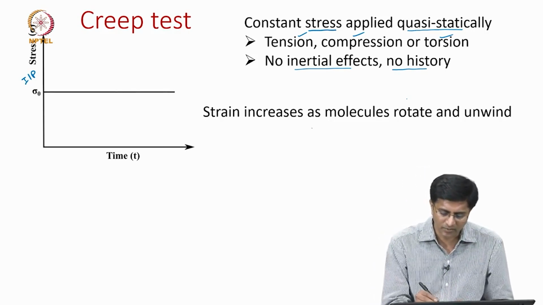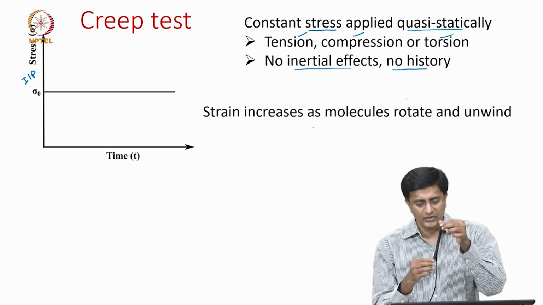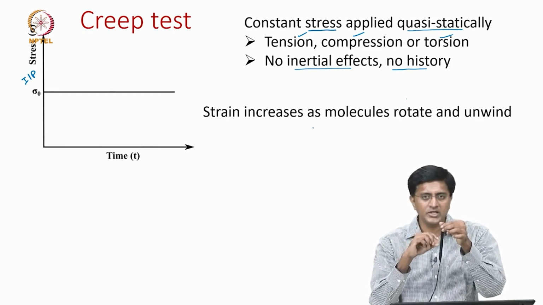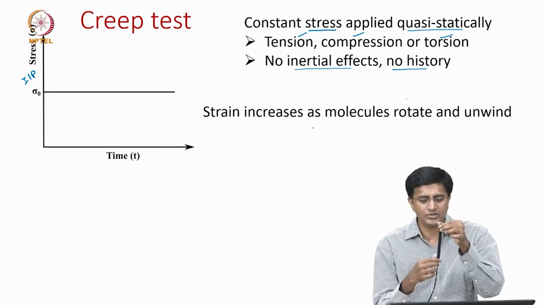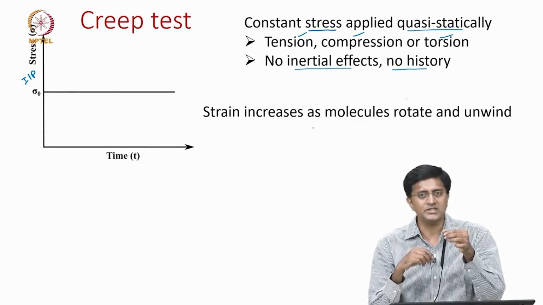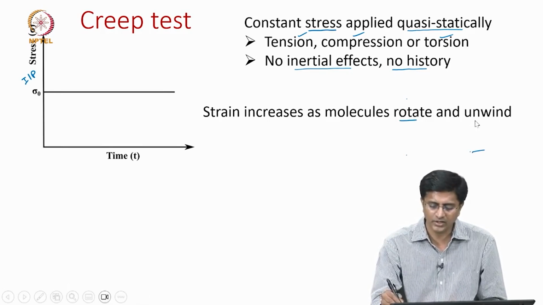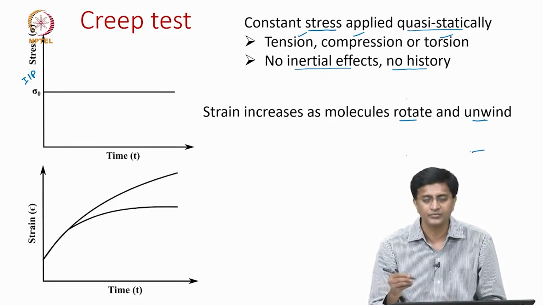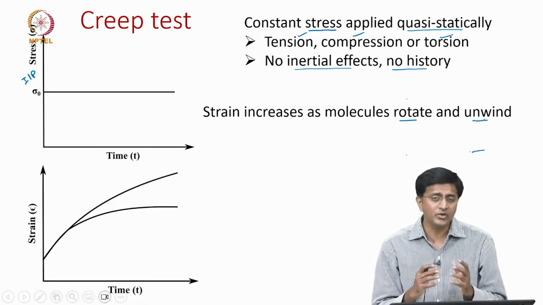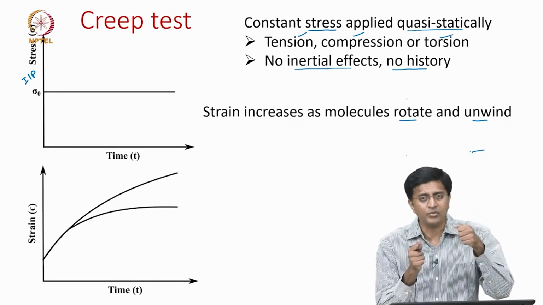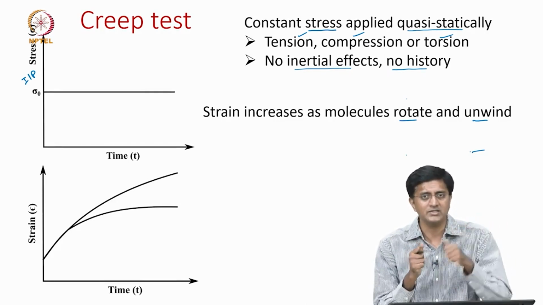So, essentially what is happening is initially these molecular chains have taken a new position because of the load, but then since there is more time, again they rotate and rewind. Once they rotate and rewind, the deformation is larger, so it can take large strains.